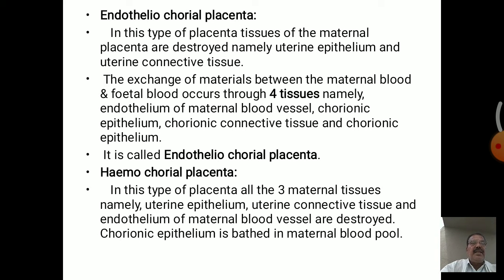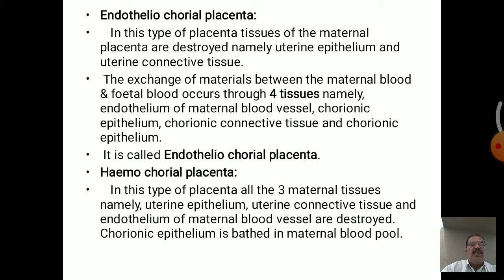The exchange of materials between the maternal blood and fetal blood occurs through four tissues, namely endothelium of maternal blood vessels, chorionic epithelium, and chorionic connective tissue, and the fetal endothelium. So, four tissue layers are present. It is called endotheliochorial placenta.